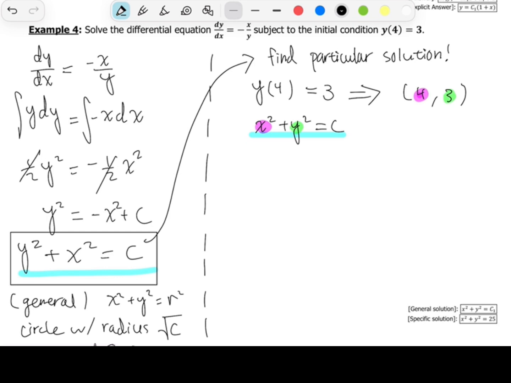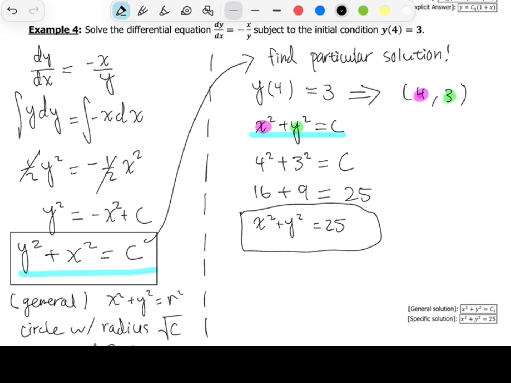So I get 4 squared plus 3 squared equals c. 16 plus 9, I hope you can do that in your head, is 25. So x squared plus y squared equals 25 is our particular solution. And that's it.